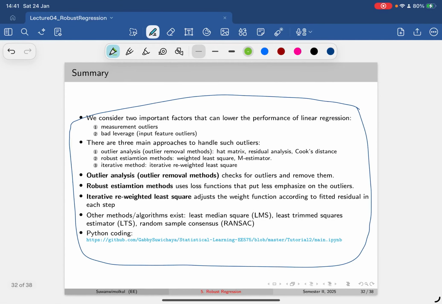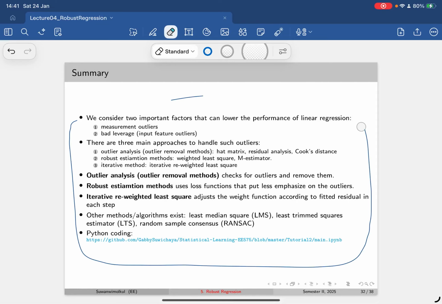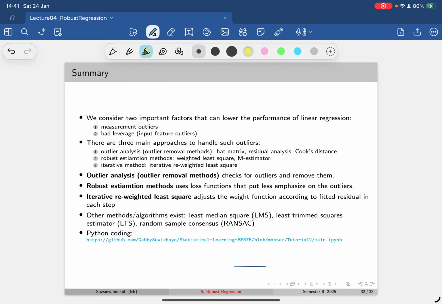And finally, we have provided a summary for all the techniques that we've learned today, and also for a little extra. You may notice that I mentioned the least trimmed square as another robust regression method that you may consider. In fact, there are other algorithms like random sample consensus, or RANSAC.